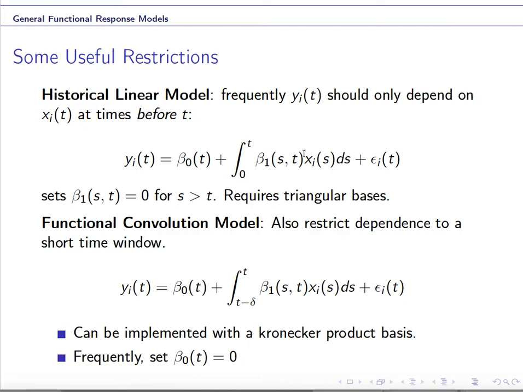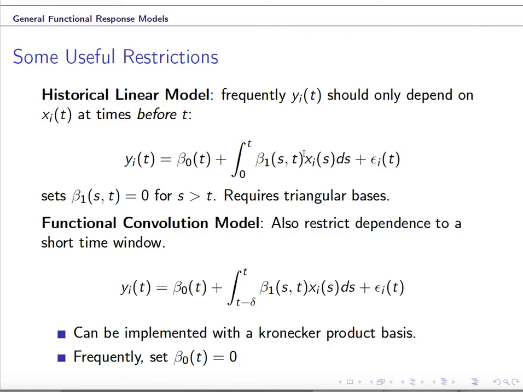So we may think the amount of forest fire will depend on the rainfall only up to 1 month, right? If there's too long a lag, there will be no effect.